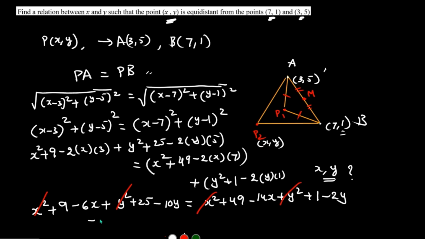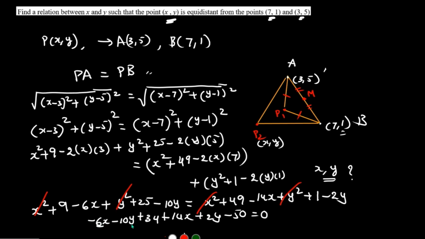So here minus 6x minus 10y plus 25 and plus 9 is plus 34 equal to, I'm just bringing this side. So this 14x comes to this side, it will become plus 14x, y is plus 2y, and here 49 plus 1 is 50, if it comes to this side, it's a minus 50, and it's equal to 0, okay?